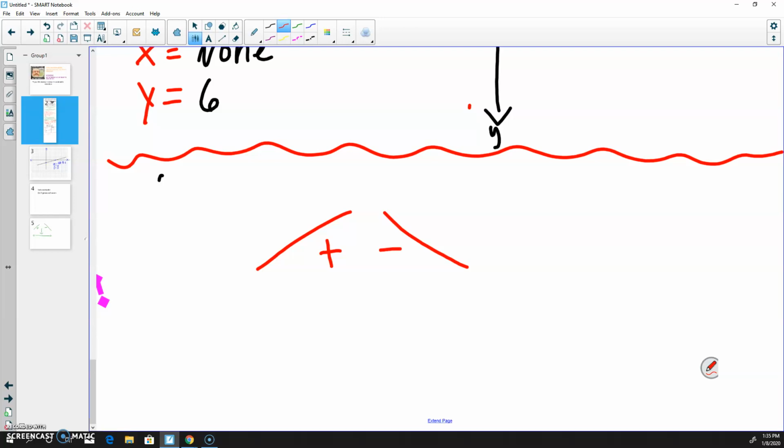You should have had it in seventh grade. Okay, a vertical line has an undefined slope, and a horizontal line has a 0 slope. So if the line goes this way, it's a positive slope. If the line goes this way, it's a negative slope. If it goes up and down vertically, it's an undefined slope. And if it goes left and right, it's a 0 slope.